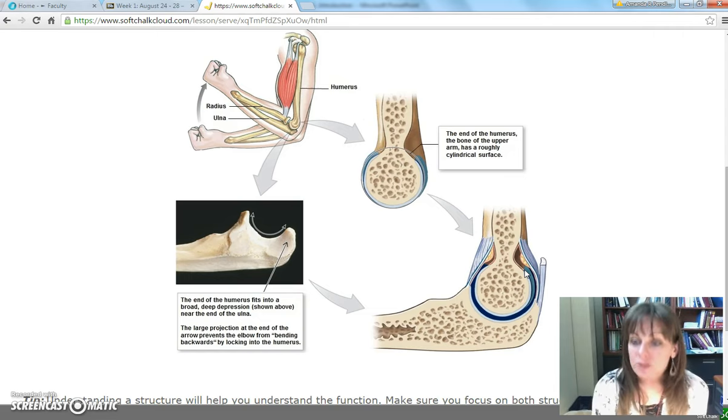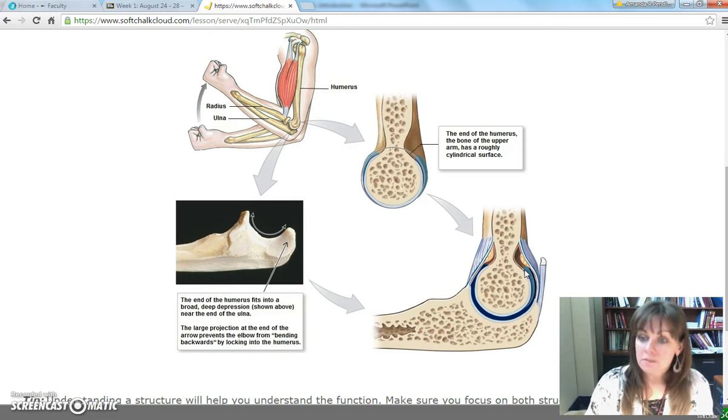Why is this important to you? Most of you are going into health professions, and people are generally coming to you because something's not working right. To truly understand the cause, and therefore what to do about it, you need to fully understand the structure, the function, which is physiology, and how that relates to structures.